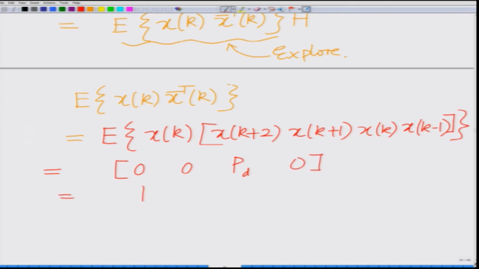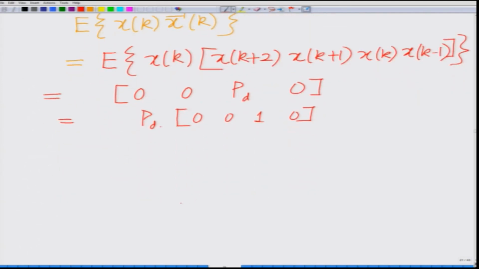So, this is equal to P d into 0 0 1 0, and we will denote this vector as 1 bar 2 transpose.